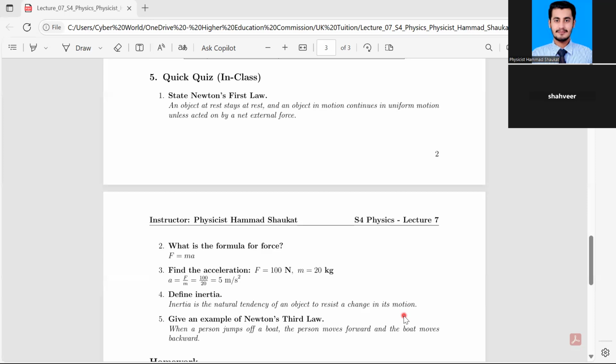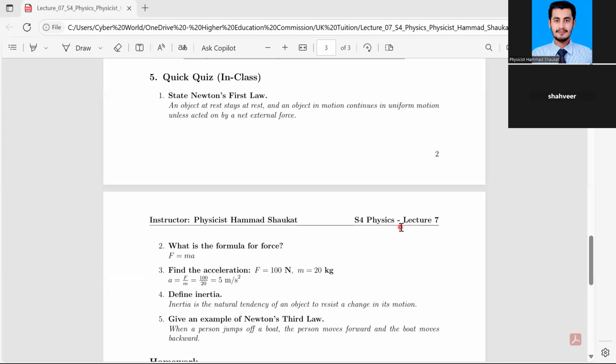So can you give me an example of Newton's third law of motion? Friction. Yes. Because when you roll something, the friction gives a force that goes in the opposite direction.